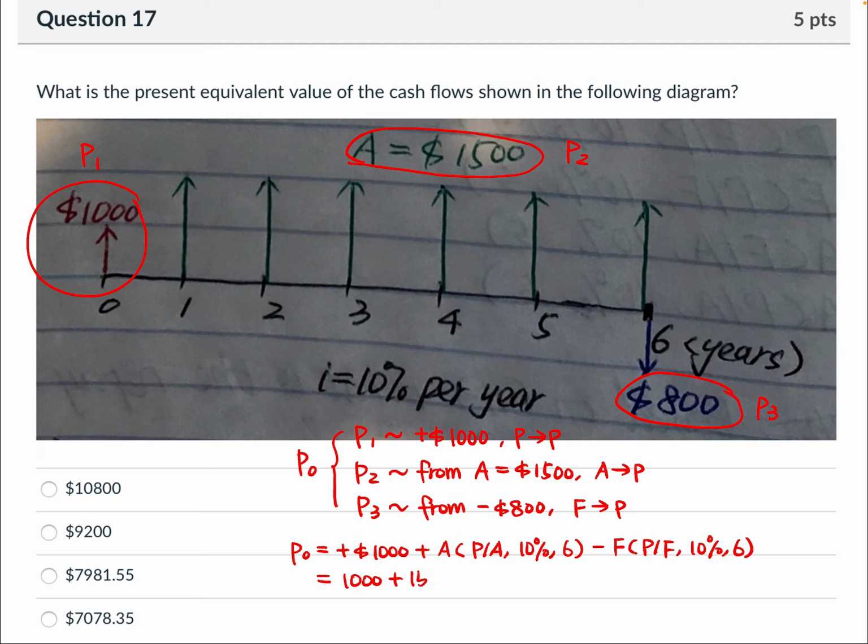A is 1,500, and this factor you need to check is 4.3533, and minus 800 times that factor, which is 0.5645. So the answer of this question is going to be 7,078.35.